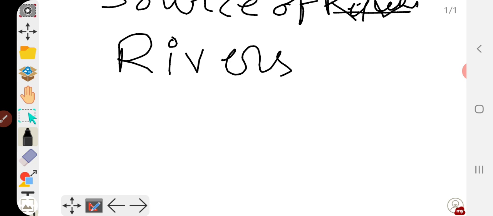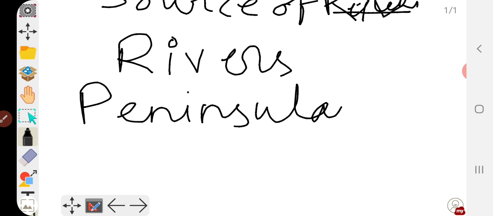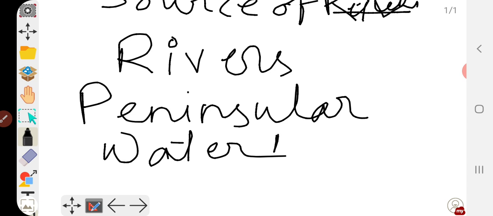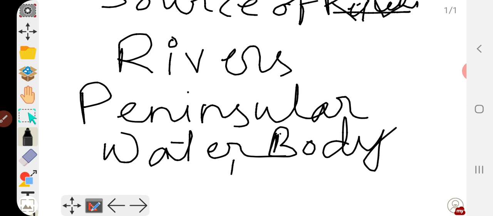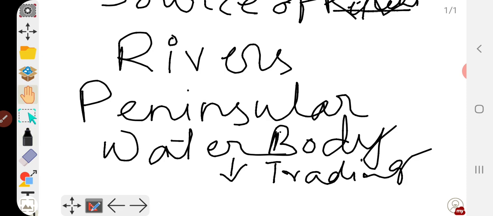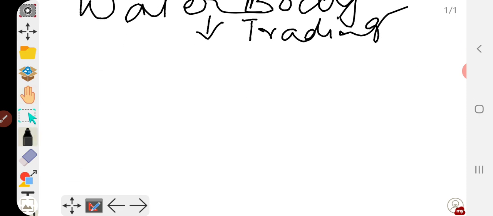Next, we can see our southern part, the peninsular. We are getting the saline water body surrounding, that helps for trading activities. Even our island group is giving a strategic position.